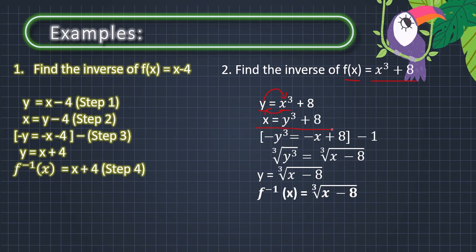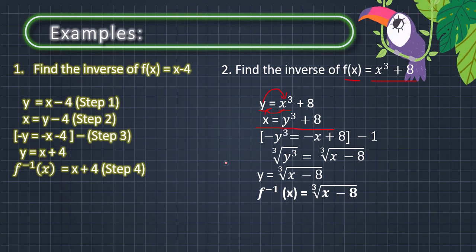And you can see it here below that they are interchanging their positions. And if you're asking, sir, how about the exponent? Do we need to include the exponent? No, we don't need to include the exponent. Just the variables x and y. That's why we have here x is equal to y cubed plus 8.